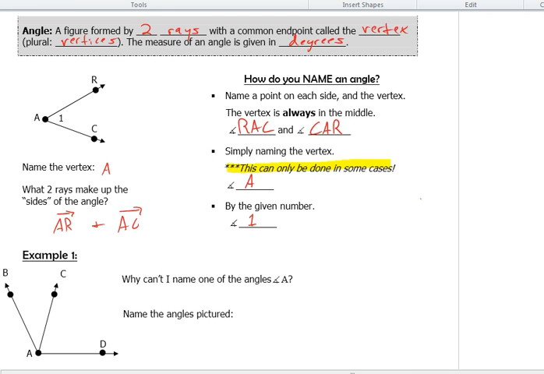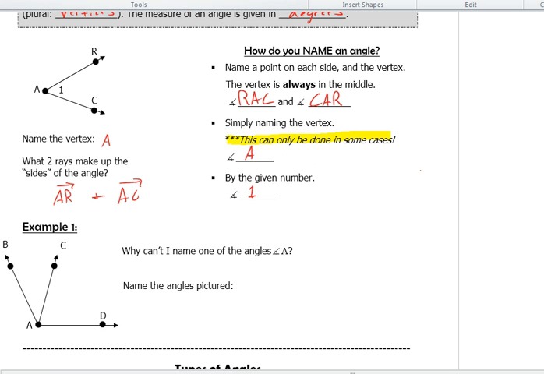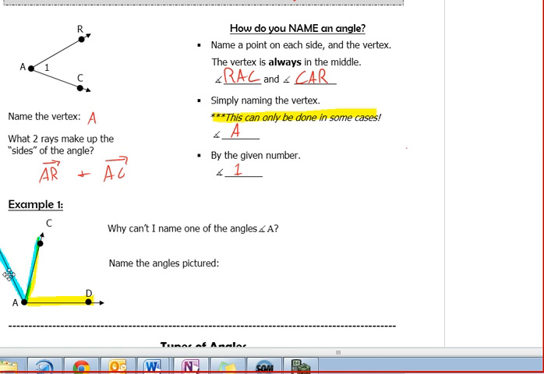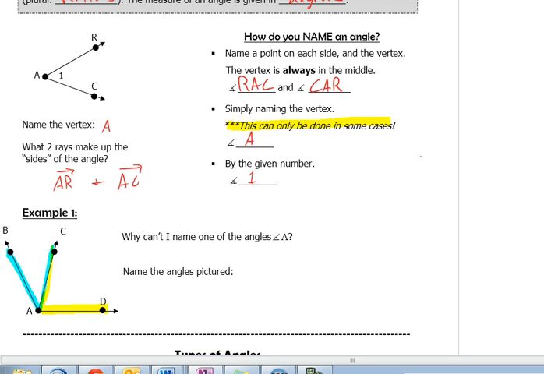Here's where it wouldn't work, naming it with just one letter. You have this entire set of angles, and you want to refer to one of them as angle A. Well, if you tell me angle A, are you talking about this angle, BAC? Are you talking about this angle, CAD? Are you talking about the whole thing? You don't know which one we're referring to.